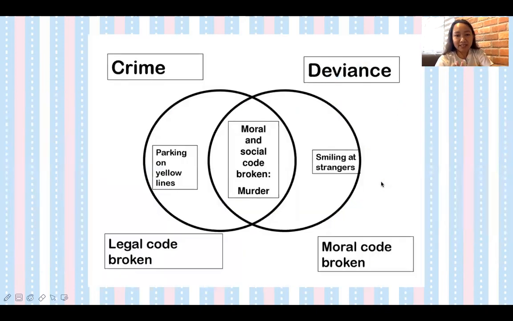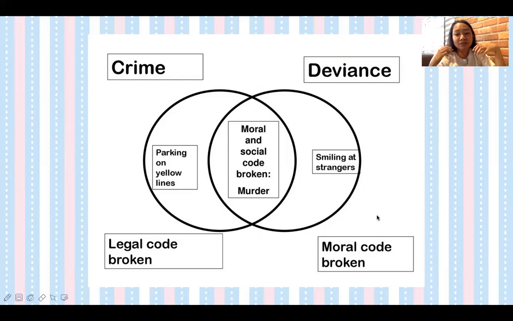So here, we can see that crime and deviance are actually related. And at some point, they are also overlapping. They overlap especially in the instances in which the moral and social code are being broken, like in the case of murder. In the context of morality and the expectation of society, and in the given social laws, legislations, or policies that we have, those who would commit murder are committing deviance and crime at the same time.